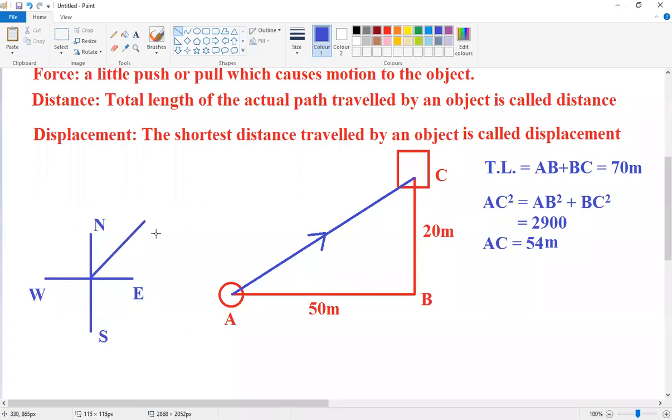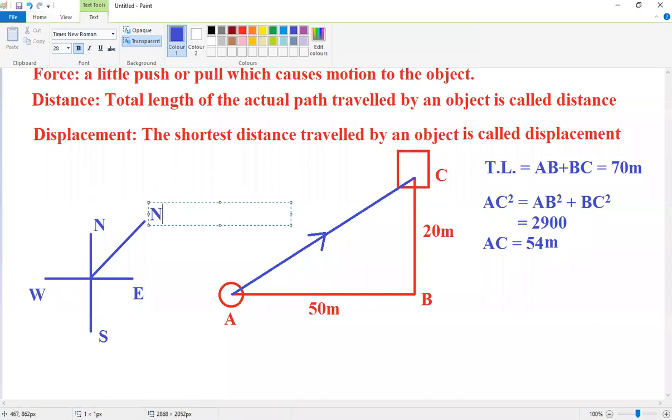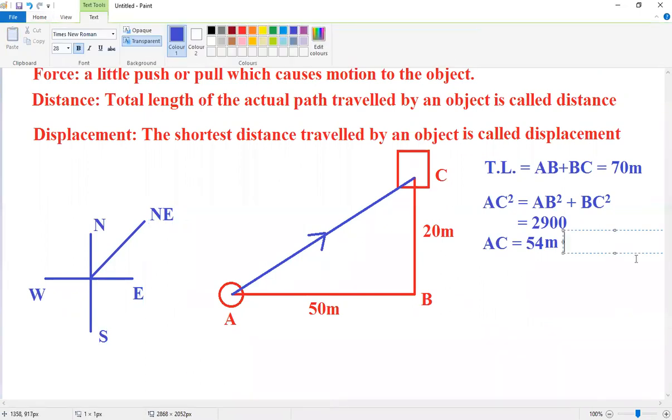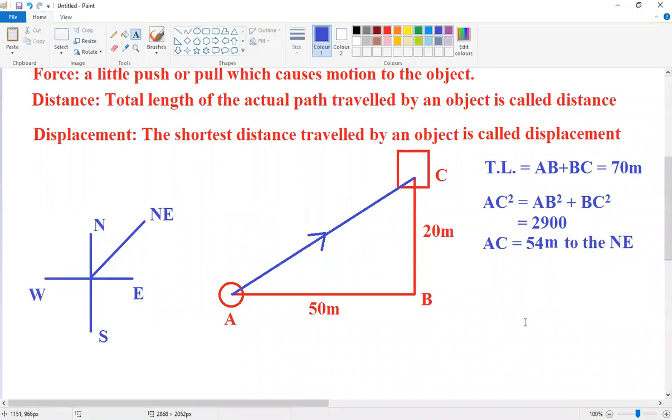It is going somewhere here, that means the northeast direction. So it has a certain direction: 54 meters to the northeast. While talking about displacement, we should show its proper direction.